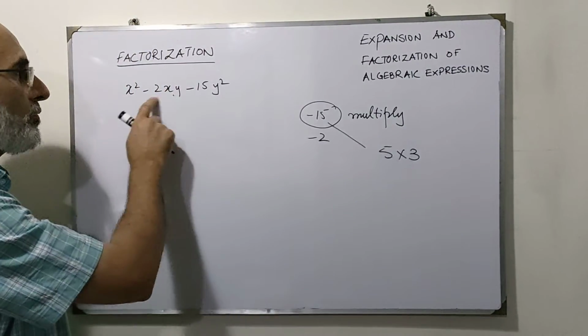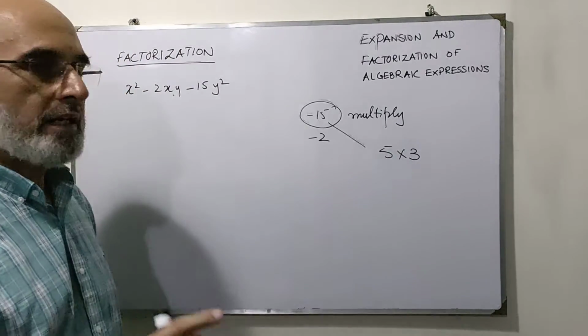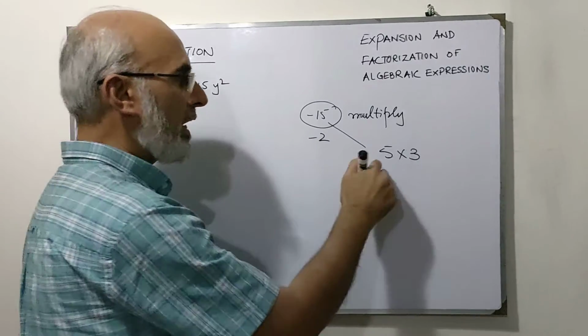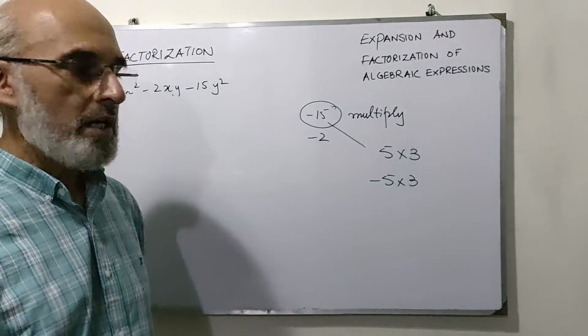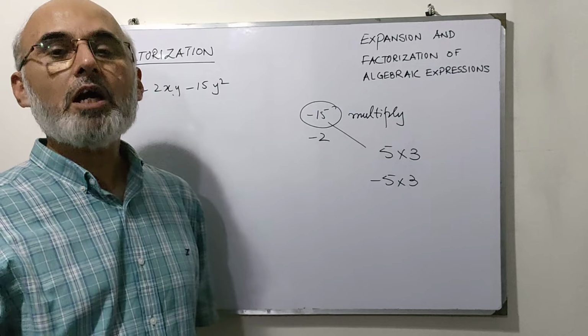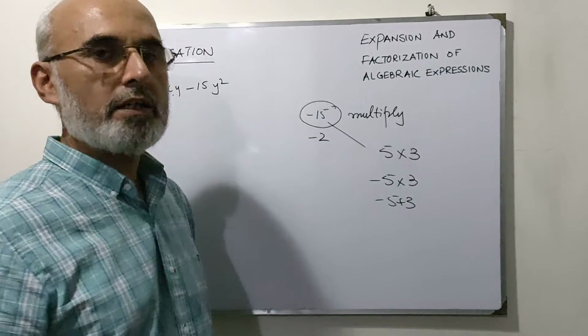When we add them, we need minus 2xy, so the bigger number is negative. So 5 is going to be negative and 3 is going to be positive. When we multiply minus 5 with 3, we get minus 15, and when we add them, minus 5 plus 3, what do we get?